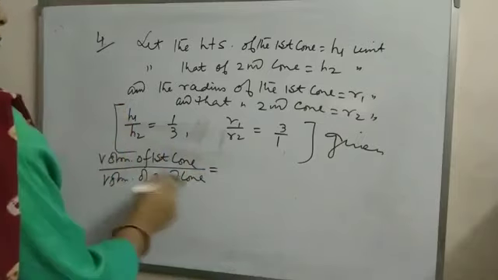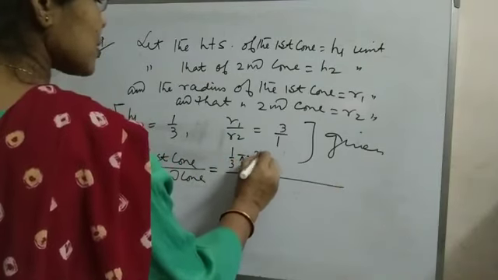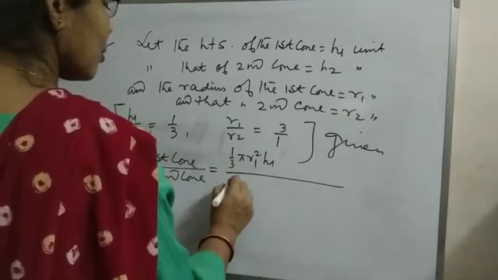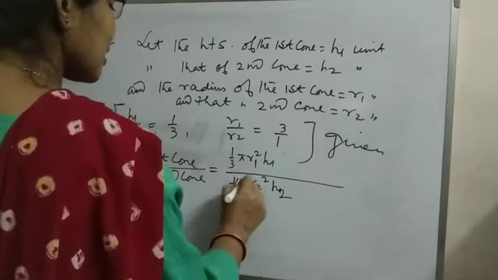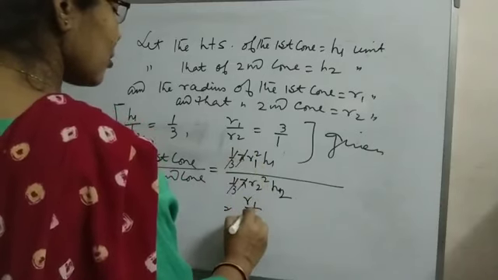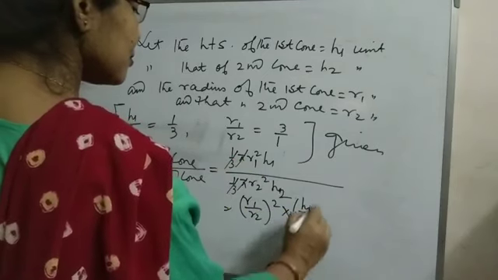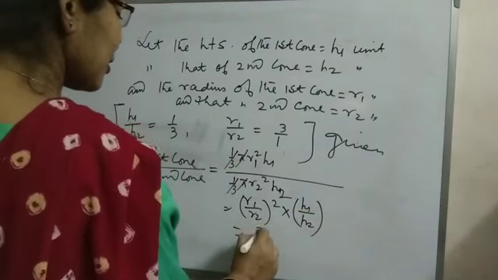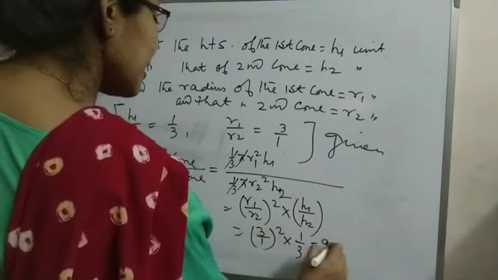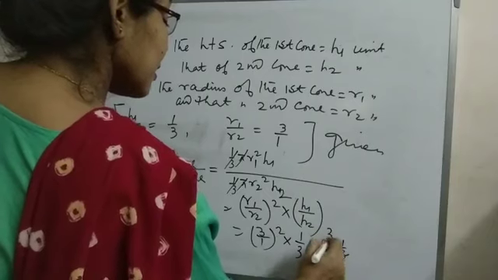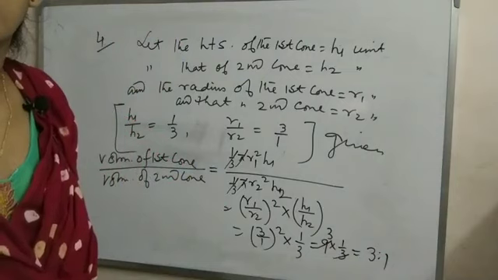So volume of first cone by volume of second cone equal to 1/3 pi r1 square h1 by 1/3 pi r2 square h2, that is 1/3 and 1/3 cancel out, r1 by r2 whole square into h1 by h2, r1 by r2 equal to 3/1 whole square into 1/3, 9 into 1/3. This is 3:1. Okay.